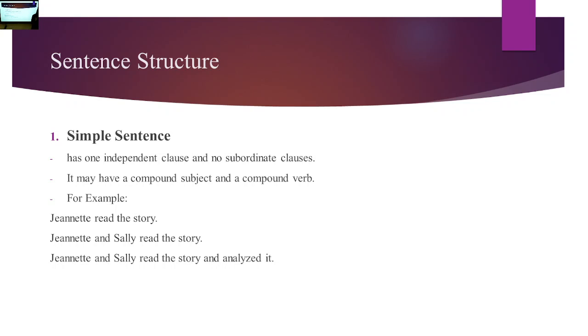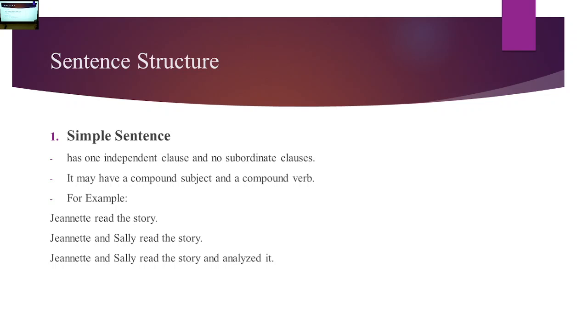When I say independent, that means you have a subject and a verb and they can stand alone as a sentence. So for example, when you say, Jannat read the story, subject Jannat, read is the verb, the story is the object. So here you have a simple sentence, one independent clause. As I said, sometimes you have a compound subject.